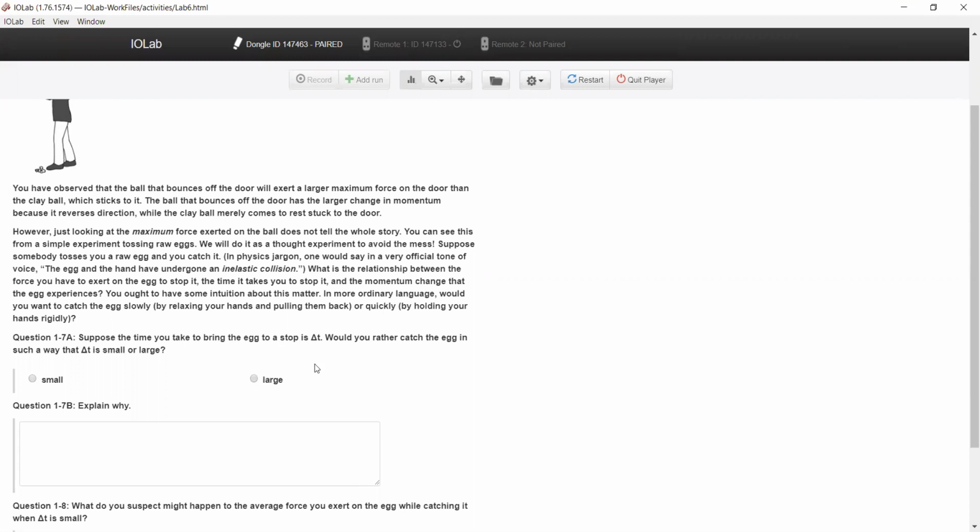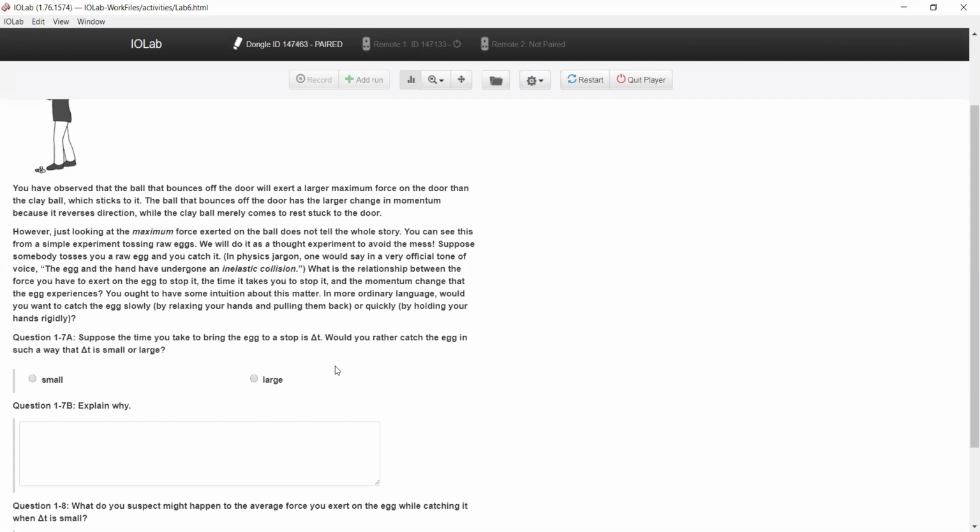We already know force is the rate of change of momentum, so del p by del t. If you have a constant del p, and you make del t small, in that case the force is going to be large, because if you divide something by a smaller value, it's going to be a larger value.